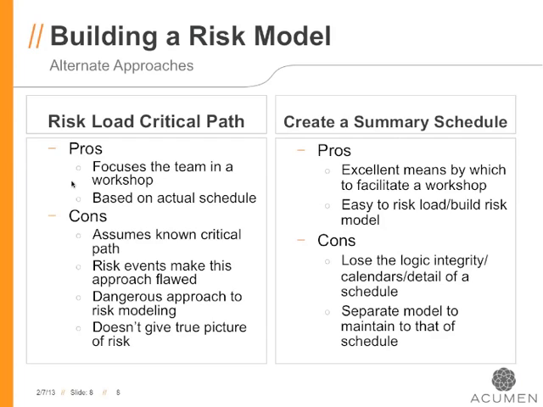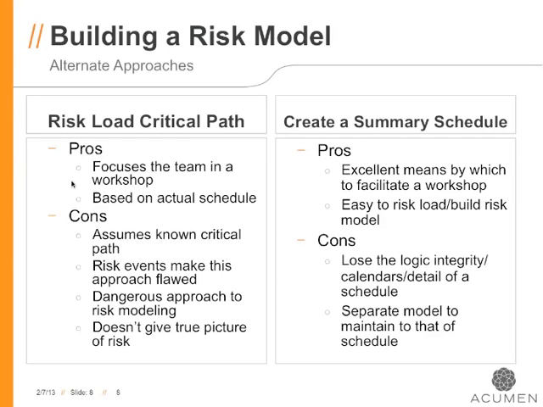So, alternate approaches to building a risk model. This is always nice and controversial. There used to be a thinking that if you have a large schedule with hundreds or thousands of activities, then it's okay to just load either the critical path or the near critical path. The thinking being that it's unreasonable to try and identify uncertainties on maybe 5,000 activities.